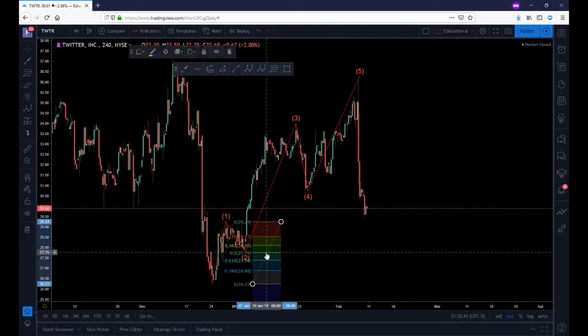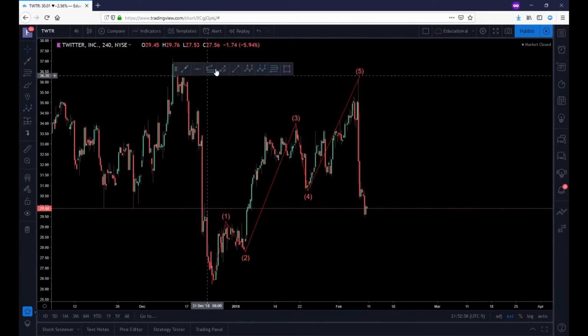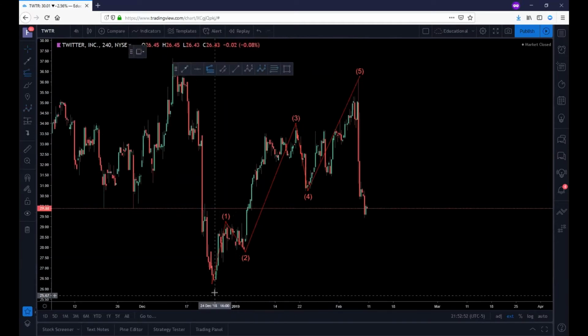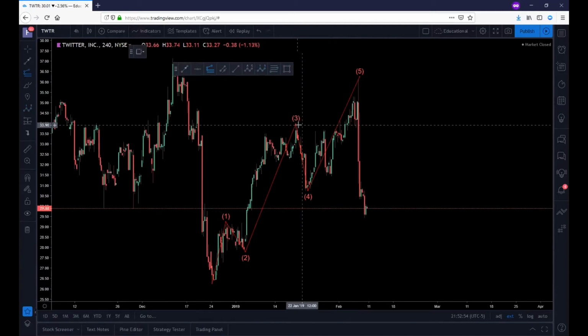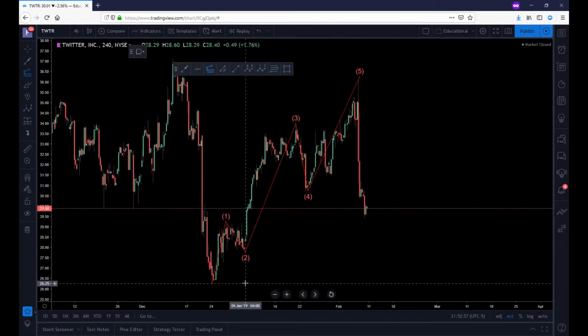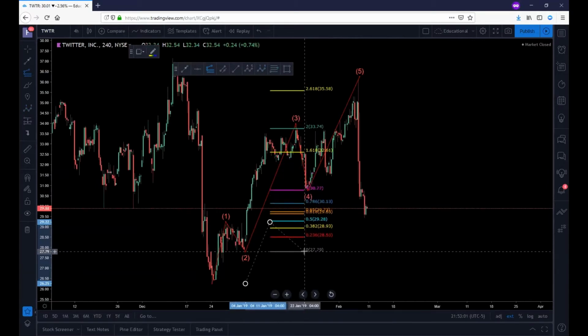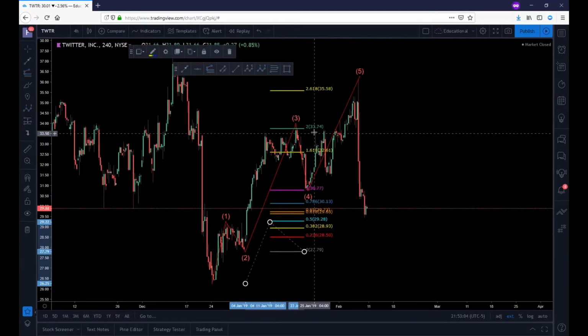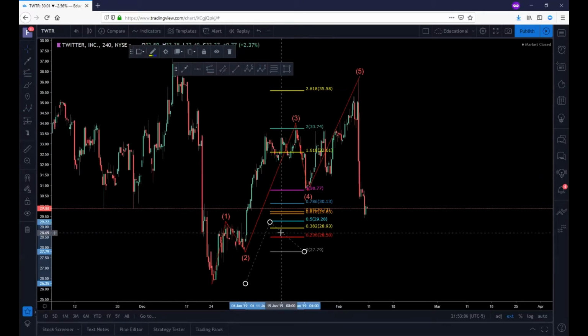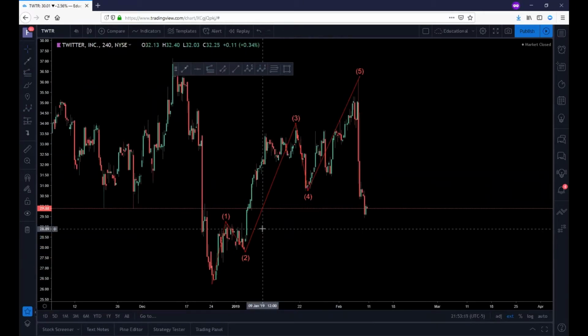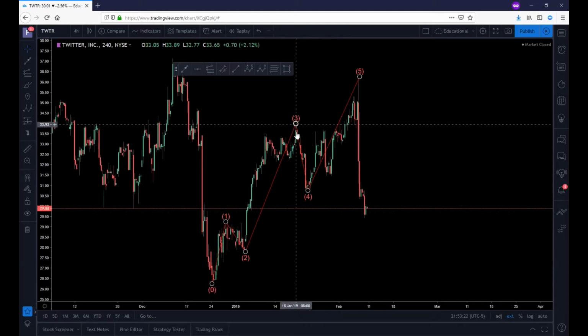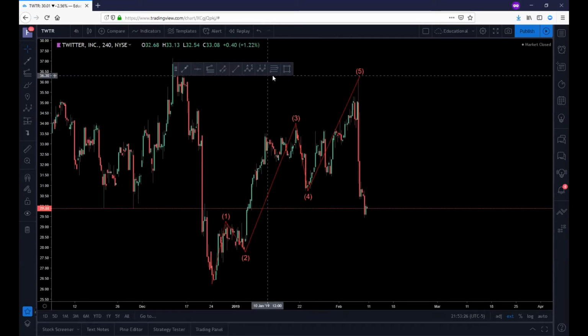So that's a contender right there. Let's look at wave 3. To obtain the Fibonacci here, we'll take the origin of 1, the end of 1, and the end of 2. We'll see that it hits a Fibonacci of 2. So typically, you want to say wave 3 is never the shortest out of all the 5. So we want to see this to be at least a 1-to-1 or bigger. So wave 3 landed on a fib of 2.